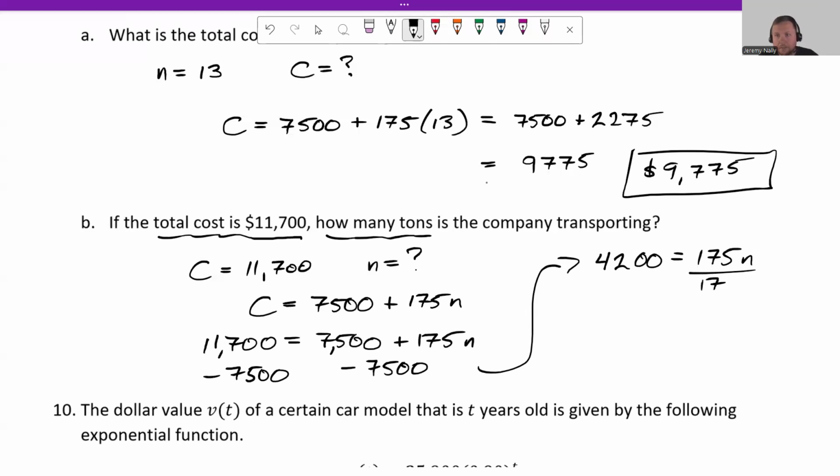Then I'm going to divide both sides by the 175. So I get 24 is equal to N. So we have 24 tons.